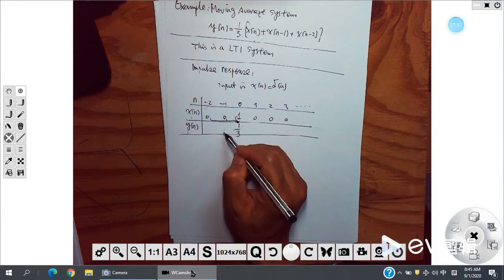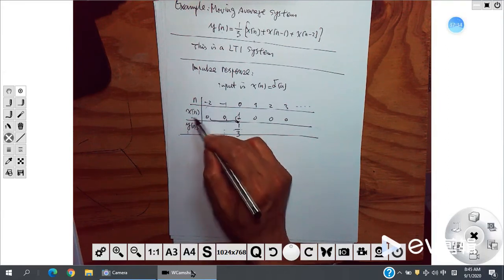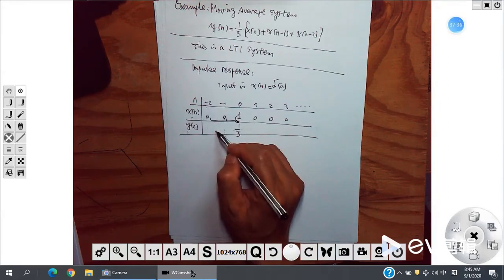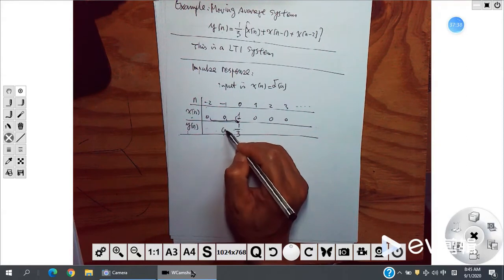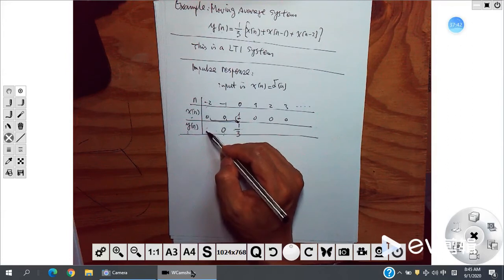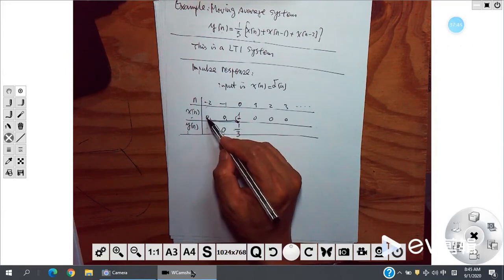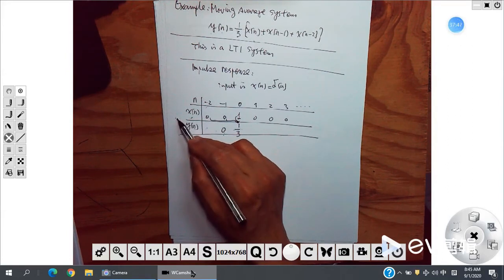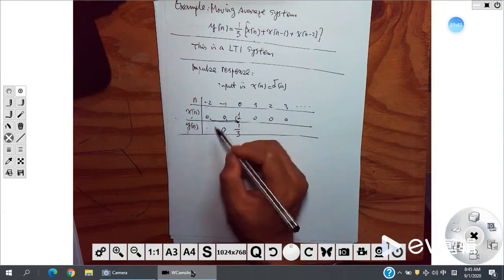Now this one is 0, 0, 0, summed and divided by 3, so it's 0. Similarly, when n is -2, you sum this one and the 2 previous ones. All these are zeros, so the average is still 0.